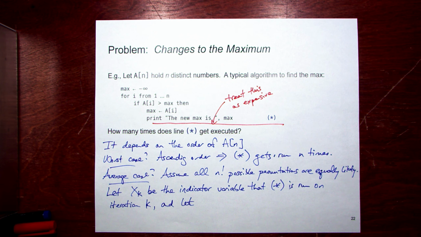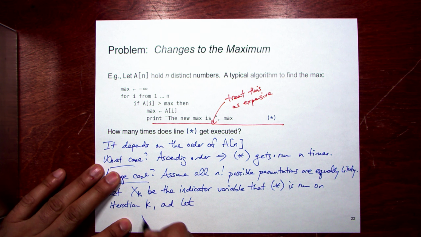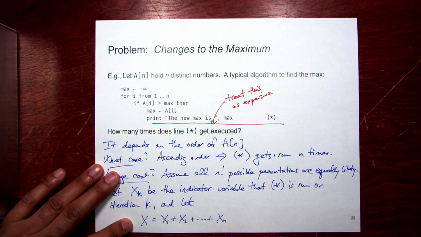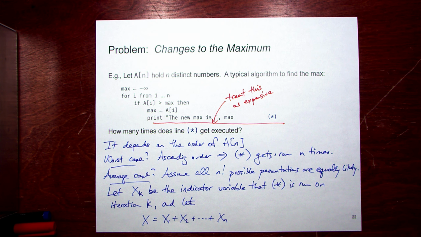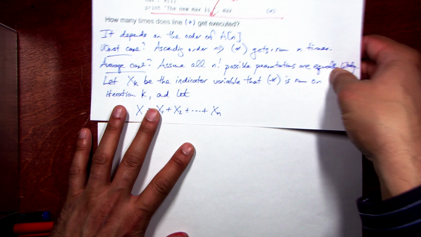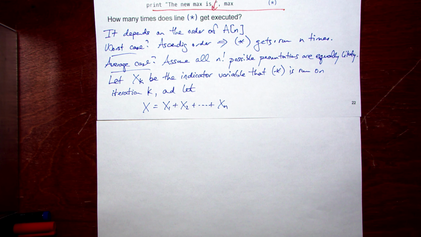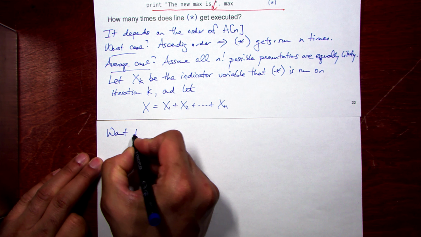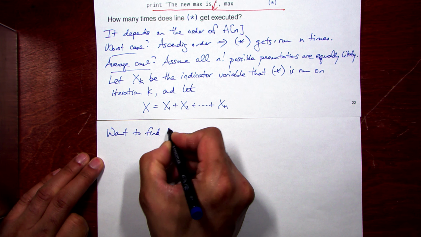And we'll let x be x1 plus x2 plus all the way up to xn. And I have to go to another sheet of paper now. And we want to find the expected value of x.